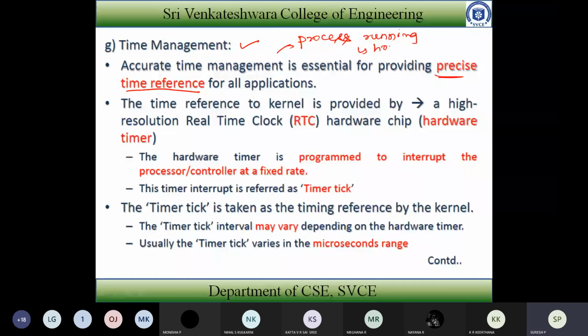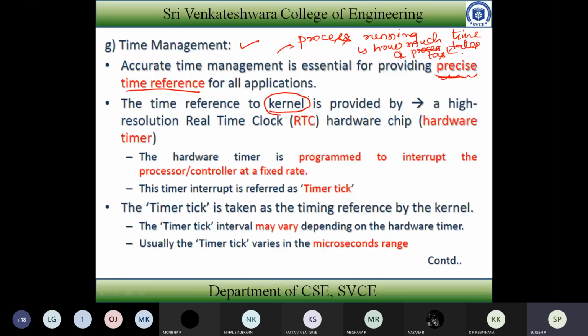How much time does a task take? Some precise timing should be defined for that application to complete its execution. Time management essentially provides that functionality. This is the time reference for your kernel. When we define the OS, we are going to speak about the kernel only.